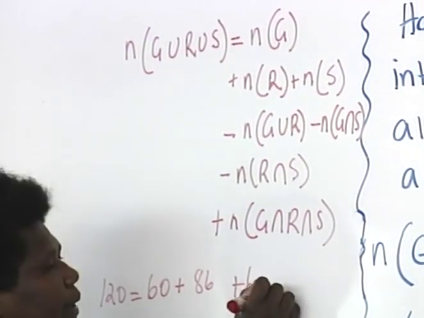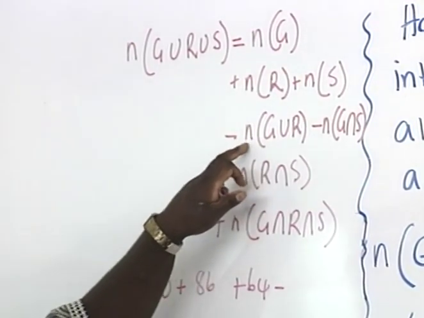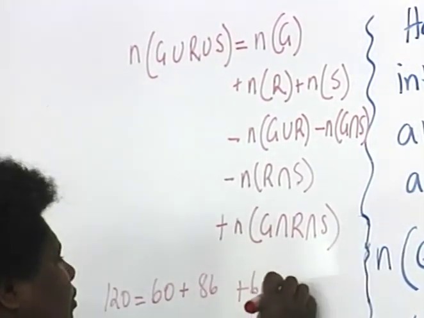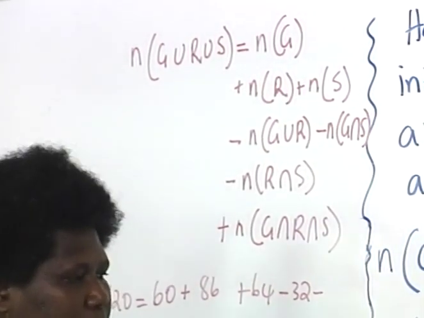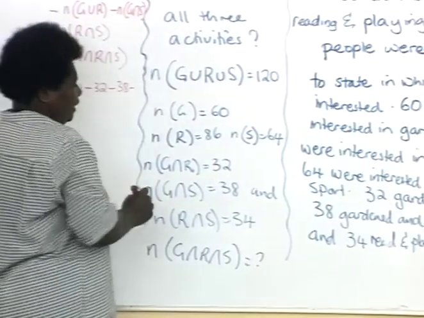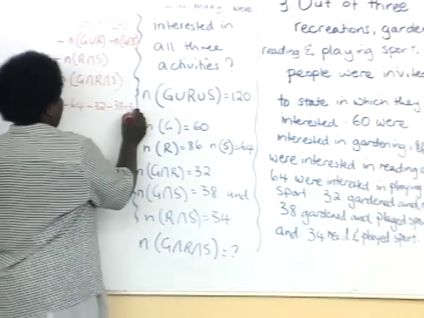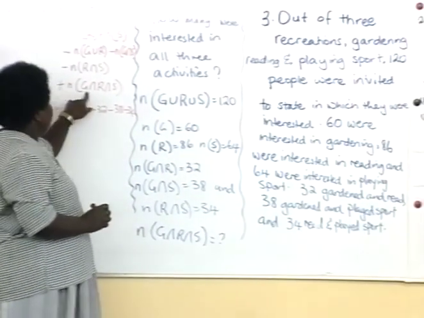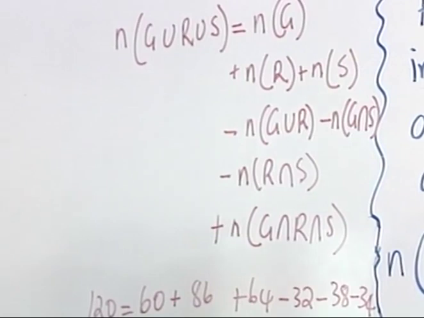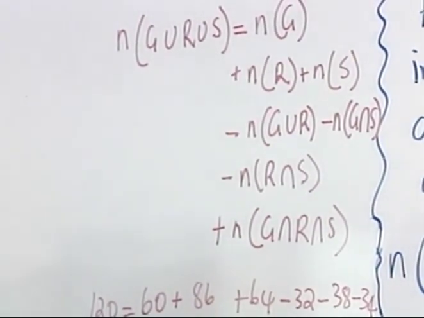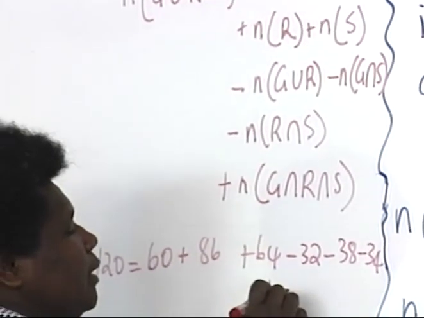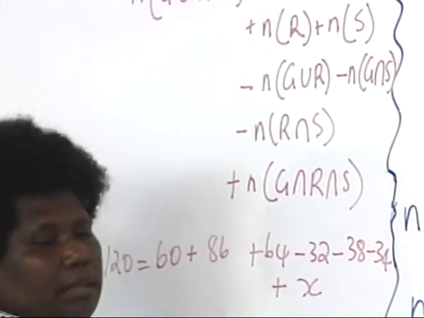We then have to take away the number of elements in G intersection R, which is 32. We also have to subtract 38, and then we have to subtract 34. Do we know the number of elements in G intersection R intersection S? No, that's what we are trying to find. So I have to add that, maybe make it equal to X.